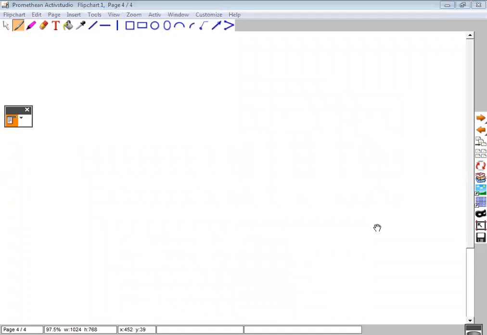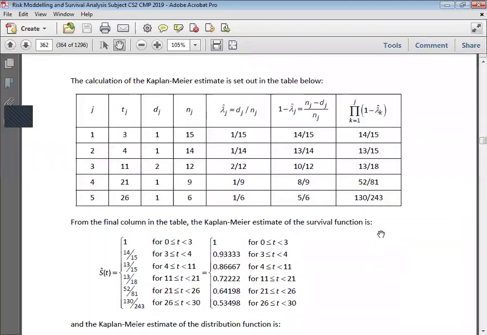Now what we have is the survival rates for each of these particular intervals. This survival rate is for the individuals starting from 3, and this survival rate is for the individuals starting from 4, and this particular survival rate is for the individuals from 26 to 30, because 30 is what we cap at.